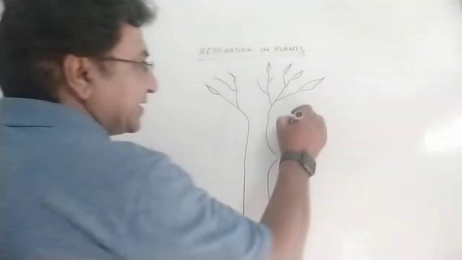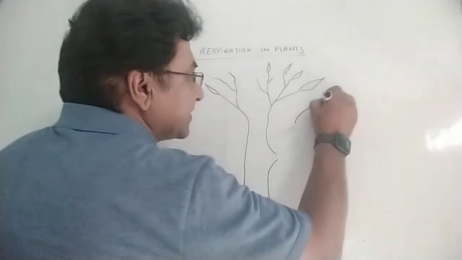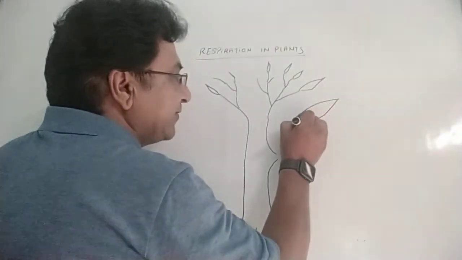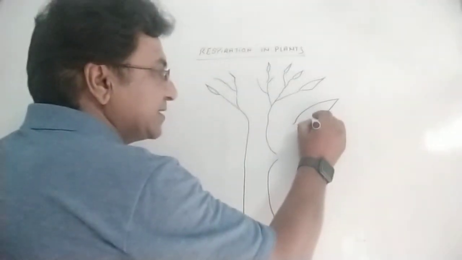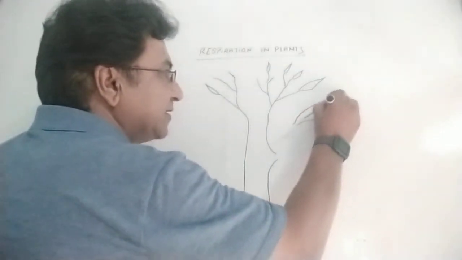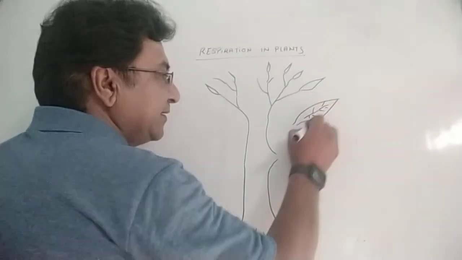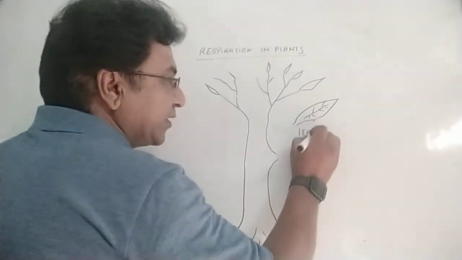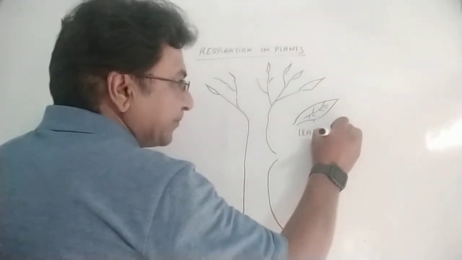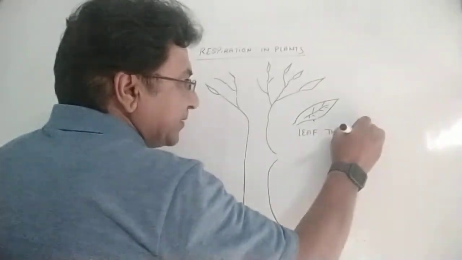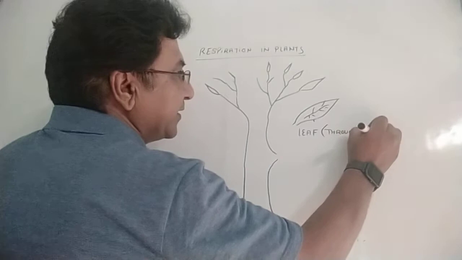Now in a leaf, we already have taken a longitudinal section of the leaf, and leaves always have the presence of stomata. So leaves respire, or gaseous exchange in the leaf takes place, through stomata. Remember that.